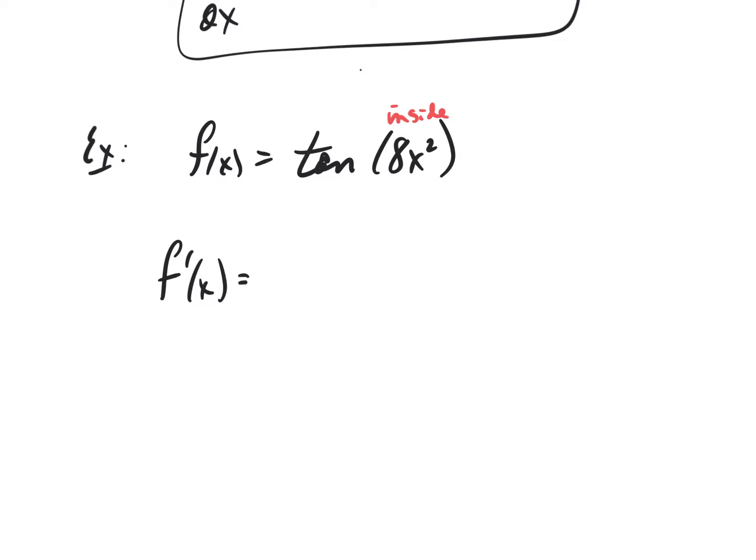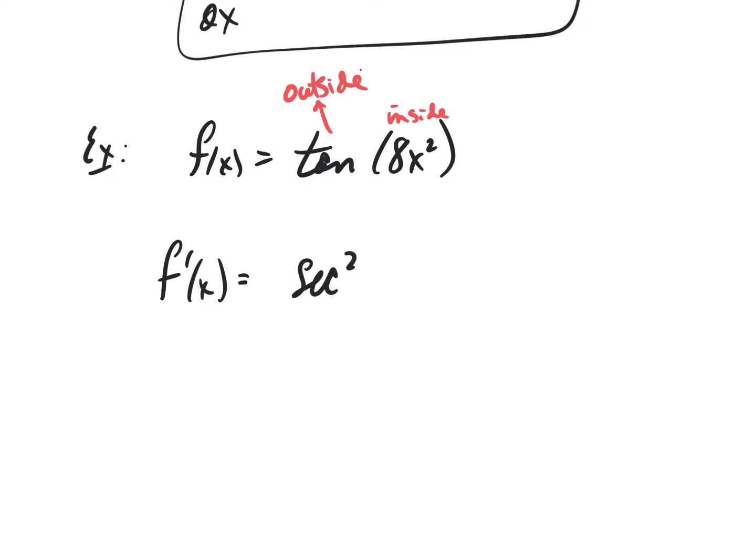In other words, the angle on the trig function is the inside function, and therefore the outside function is the trig function, the tangent. So we have inside and we have outside. So what chain rule says is, take the derivative of the outside function. What's the outside? Tangent. So when you look at your basic rules, what's the derivative of tangent?